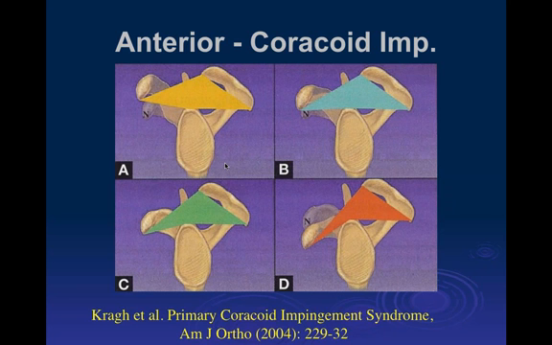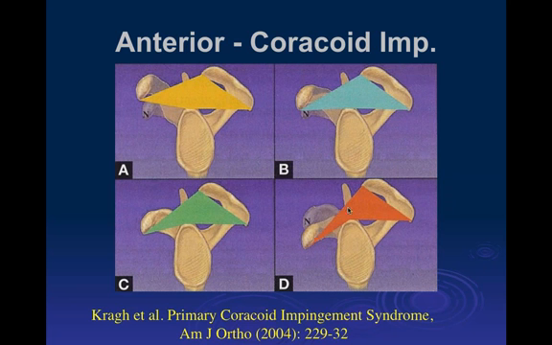Now, this was an article in the American Journal of Orthopedics, which stated that there are a number of normal variations of the positioning of the coracoid process with respect to the rest of the scapula, and in particular, coracoid processes which are abnormally inferiorly placed and also extend posteriorly close to the glenoid can increase the risk for anterior impingement in this location.